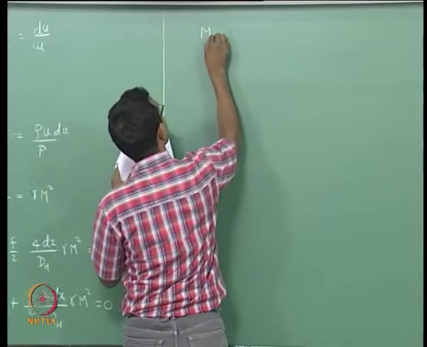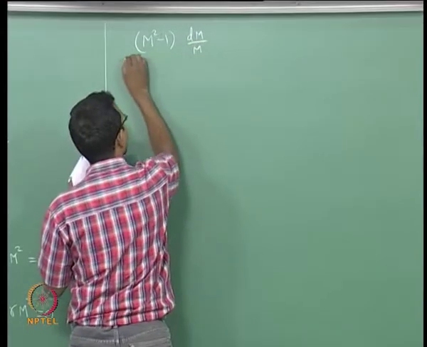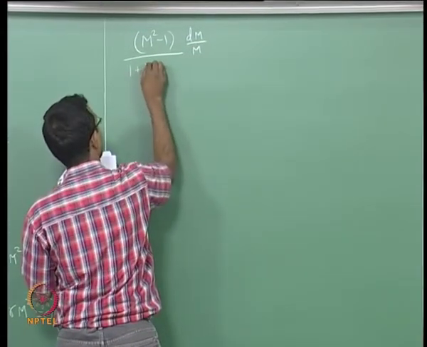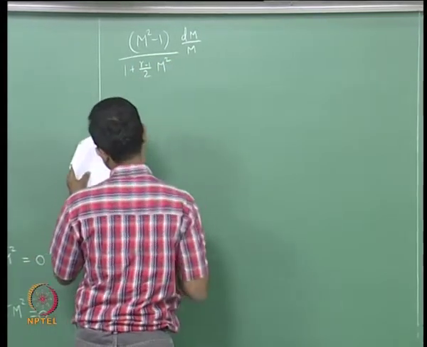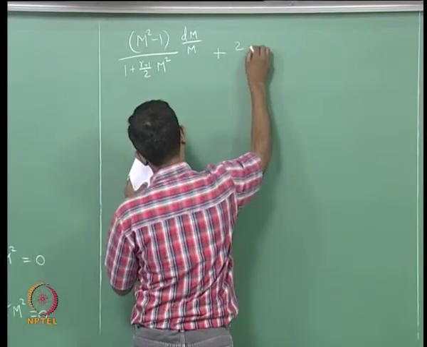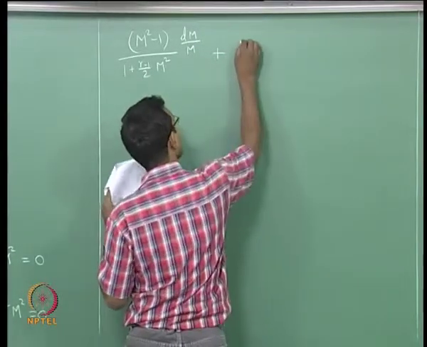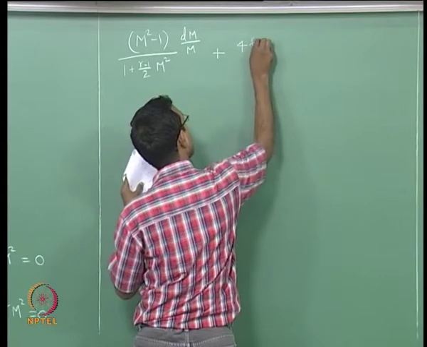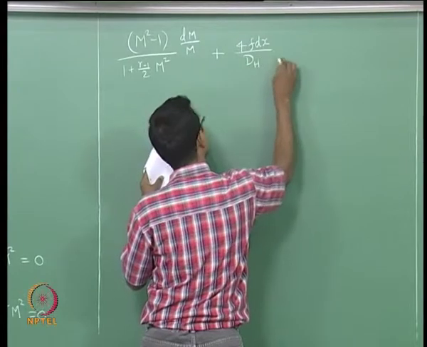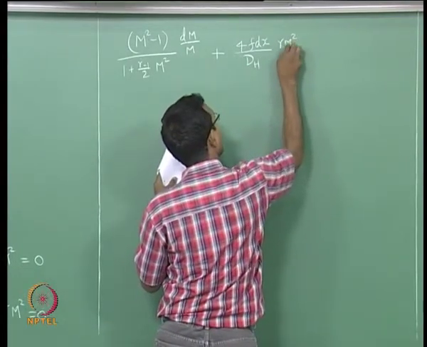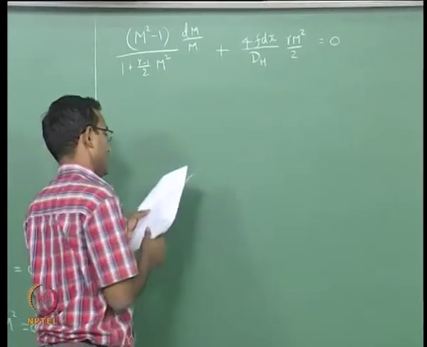So it comes out to be M square minus 1 times dM by M divided by that term in that dM by M expression, plus, actually I will write it in the same form we did, 4f dx by D_h, gamma M square by 2, equal to 0. This is the expression I have.